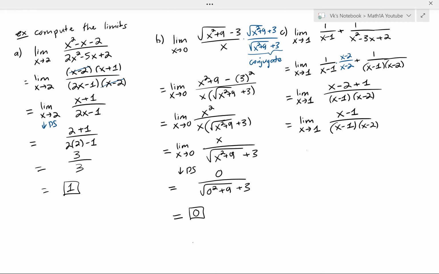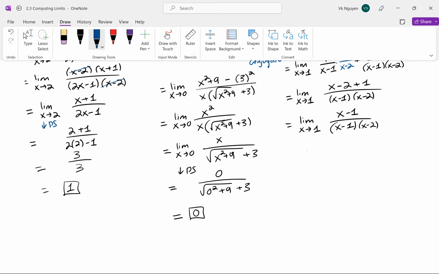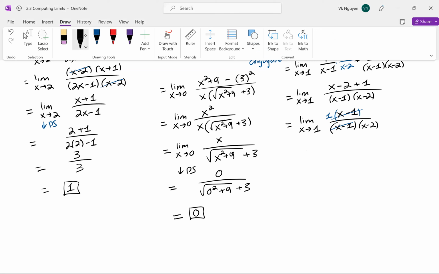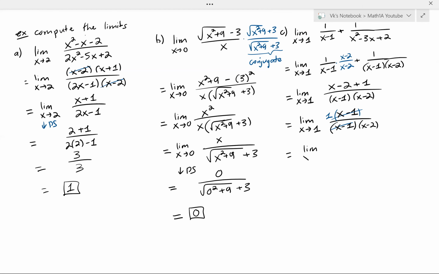We can factor out a 1 from x minus 1, and from there we can cancel the common factor. So limit x approaches 1 of 1 over x minus 2. Now the direct substitution gives us 1 over 1 minus 2, which is -1.